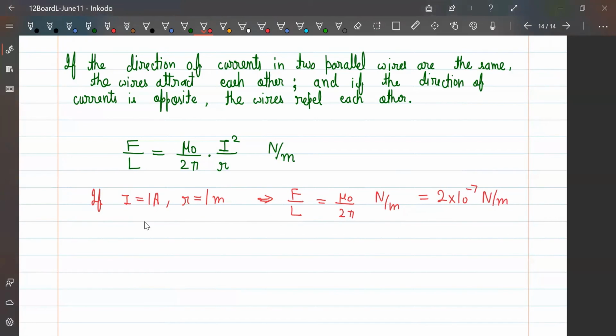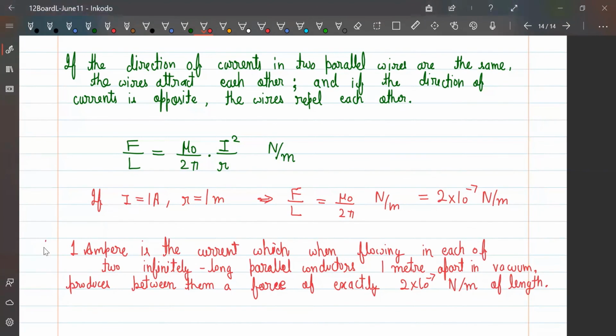From here, we get a new definition of the ampere. So this is the definition of ampere.